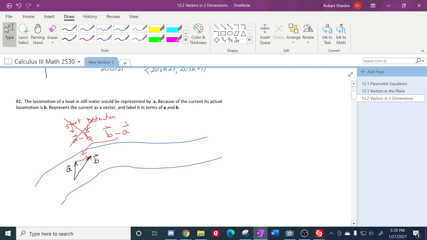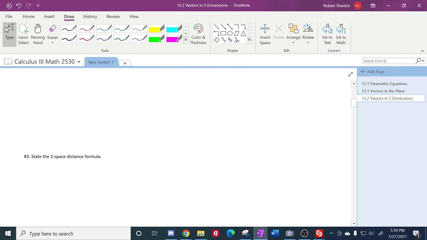And let's go to number 3. State the two-space distance formula, an ordinary distance formula that you're used to.